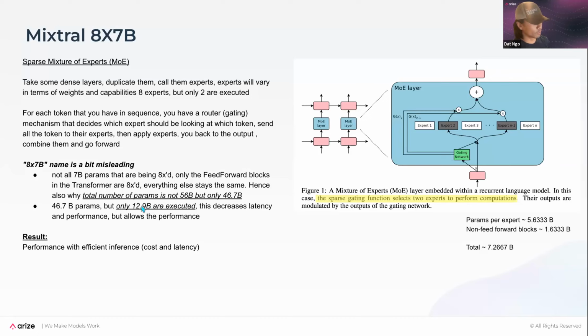Using a system of equations, we can understand that the number of parameters per expert is around 5.6. The non-feed forward blocks are about 1.6. If you add that together, that equals about 7.26. Interestingly enough, only 2 out of the 8 experts are ever executed for a token.